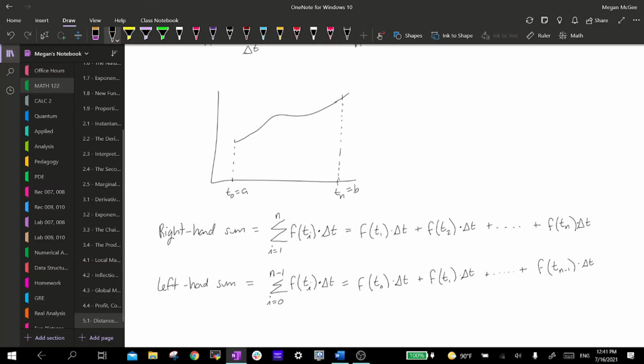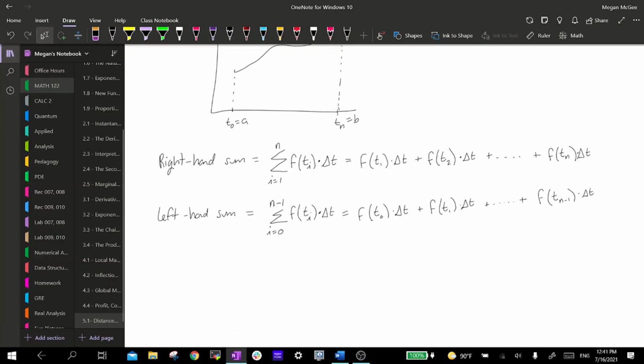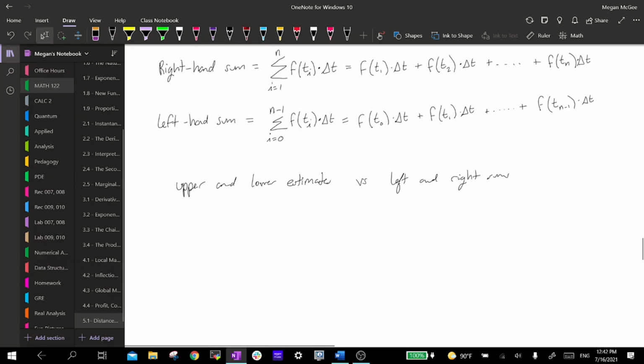Okay. So now I'm going to make a quick note about upper and lower estimates versus left and right sums. They're not always the same. In all of the cases that we've seen today, the left-hand sum was the underestimate. So let's take a look.